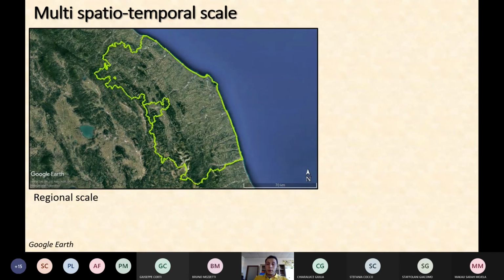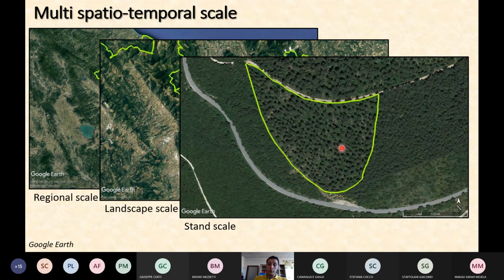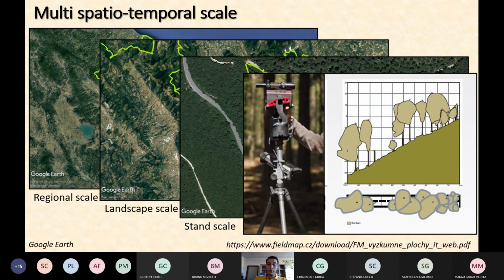We can also use these methods on a multi-spatial temporal scale, using remote sensing mainly on the regional scale and the landscape scale, while the field measurements can be used on the stand scale, with the contribution of new technological instruments, such as the one presented in this image.